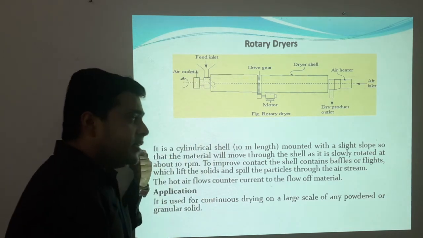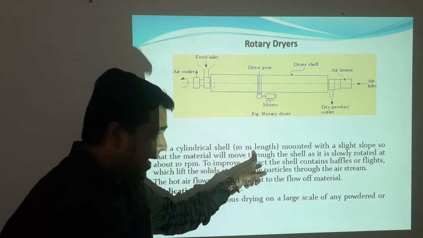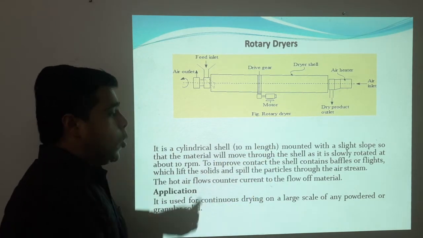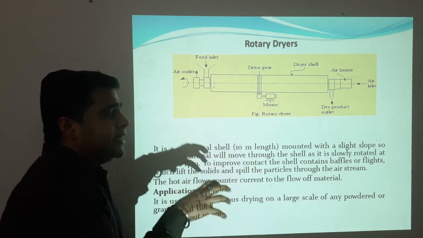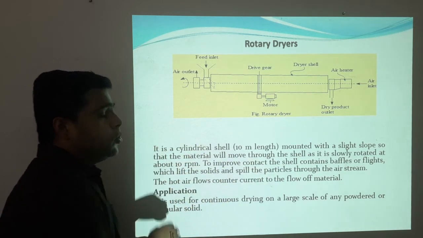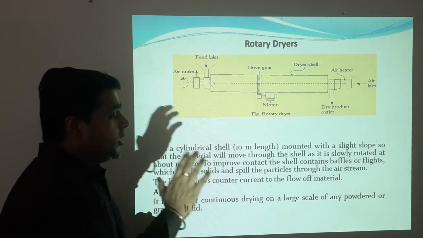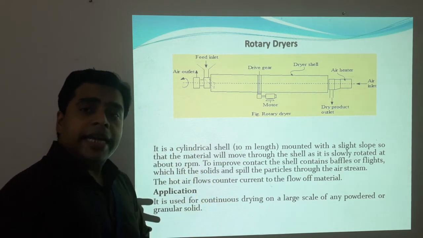So it is a cylindrical shell around 10 meters in length, mounted with a slight slope, so that the material will move through the shell as it is slowly rotated at about 10 rpm. It is rotated at quite a small rpm, that is 10 rpm.